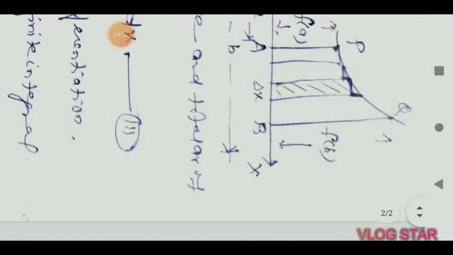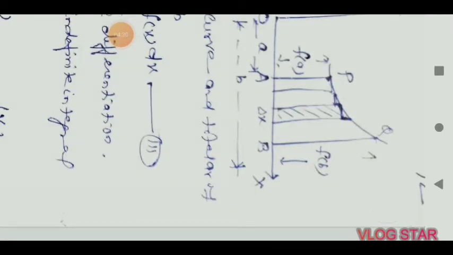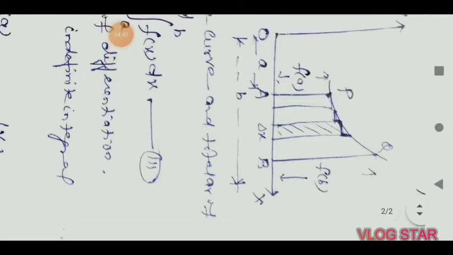Now when n tends to infinity, delta x tends to 0, so that error area will vanish, and it will almost represent the curve PQ.